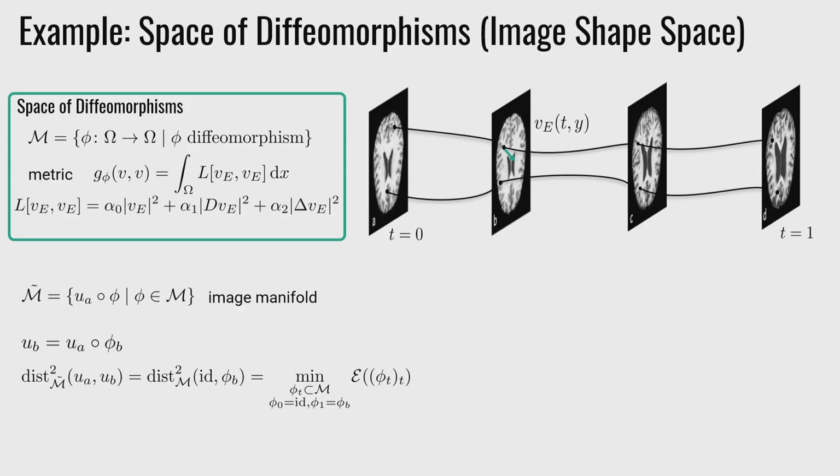And you measure this by measuring the difference between an identity, which should probably have distance 0 in your image space, and the diffeomorphism phi b. So what you actually do is you minimize the path energy over all paths in your diffeomorphism space that go from the identity to your final diffeomorphism phi b.